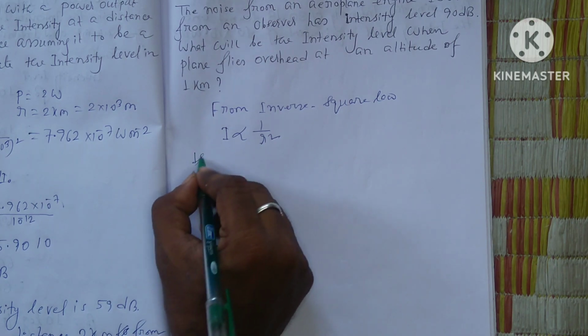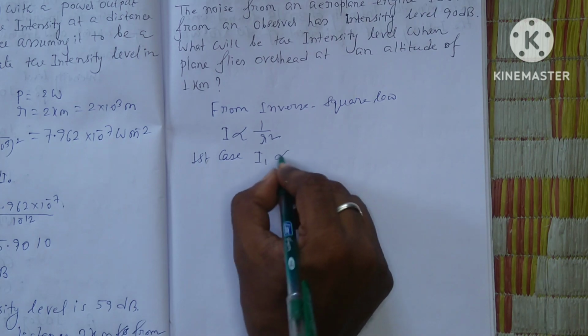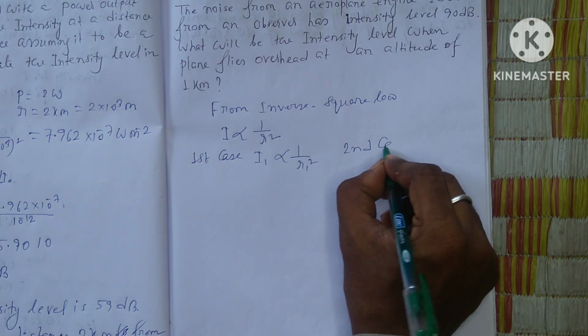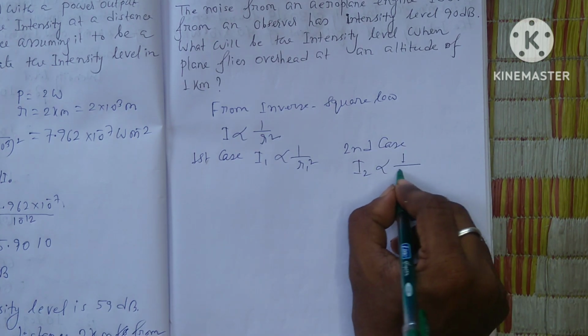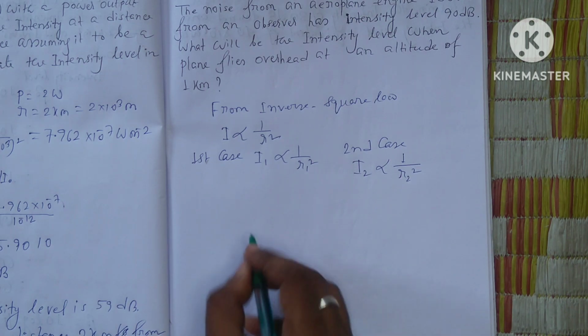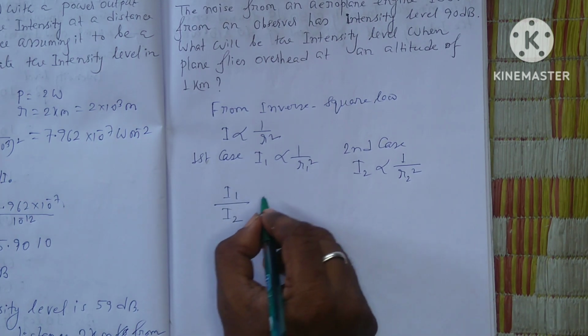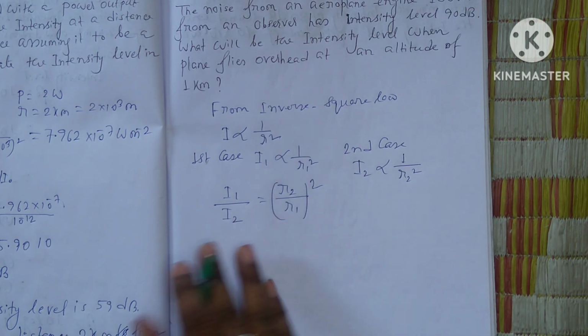So first case, I1 proportional to 1 by r1 square. Second case, I2 proportional to 1 by r2 square. So we can write I1 by I2 equal to (r2 by r1) whole square.